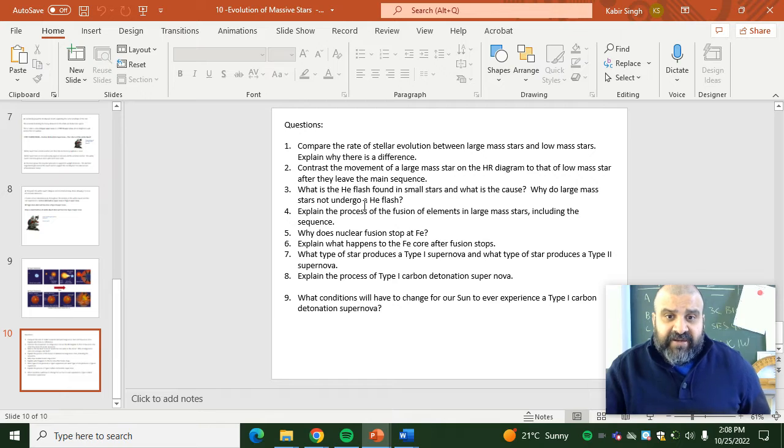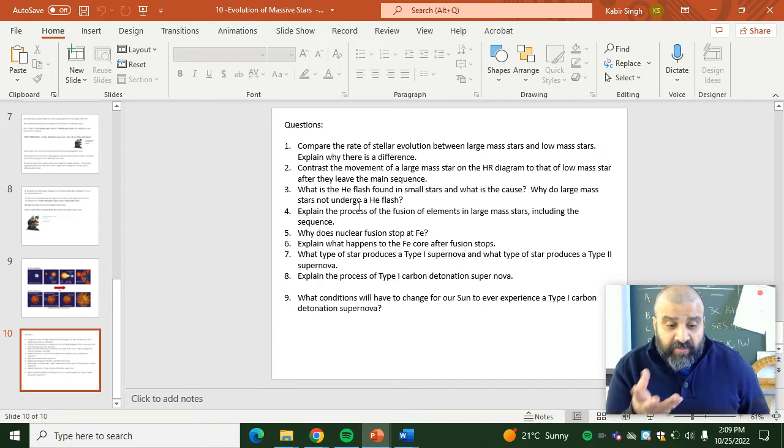Number 13, what is the helium flash found in small stars and what is the cause? In the red giant phase, a small mass star becomes electron degenerate, meaning electrons are freed up and it no longer responds to thermal pressure.